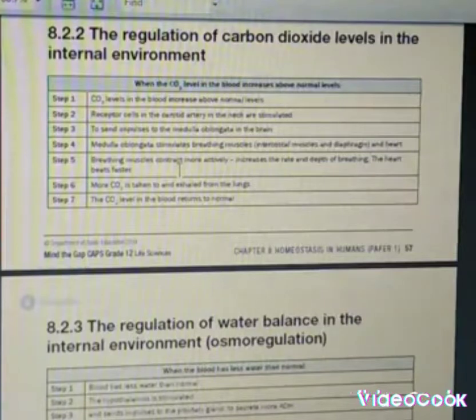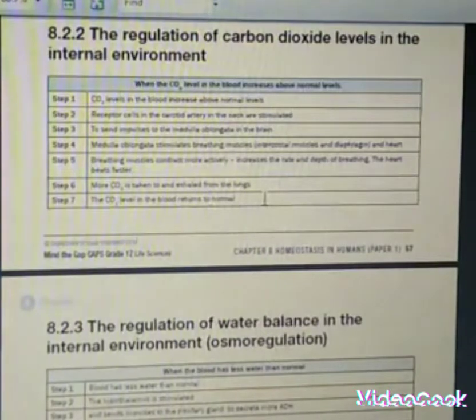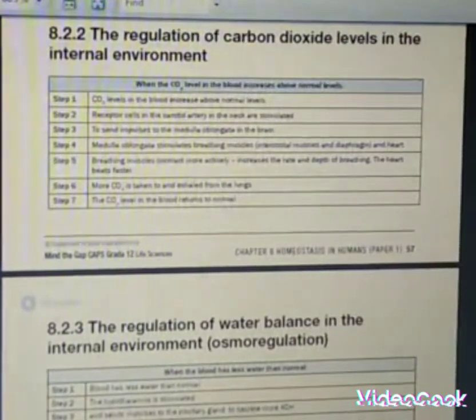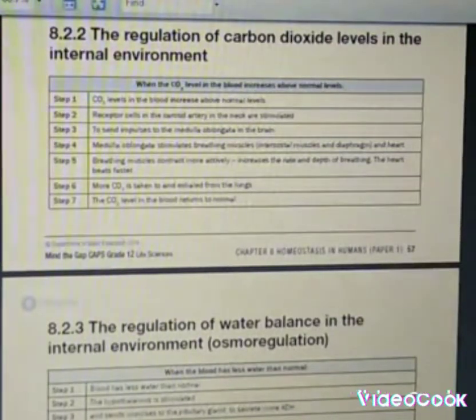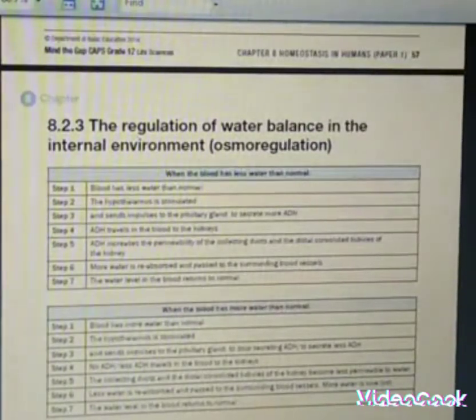The faster you breathe, the more carbon dioxide is taken to your alveolar cells, to your air sacs, and the more carbon dioxide will be exhaled. As we are exhaling more and more carbon dioxide, your carbon dioxide levels will come back to normal, right? That's for carbon dioxide regulation.